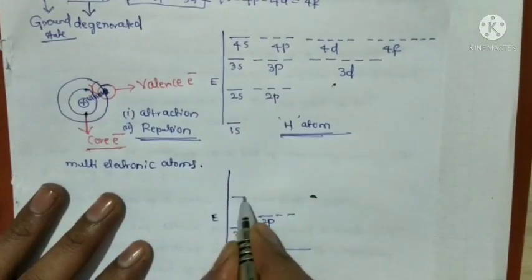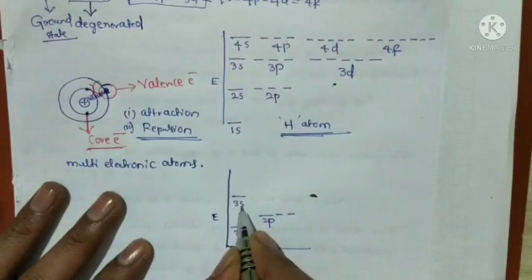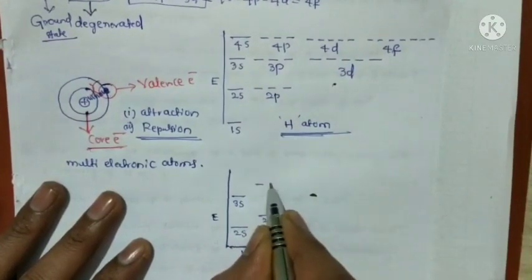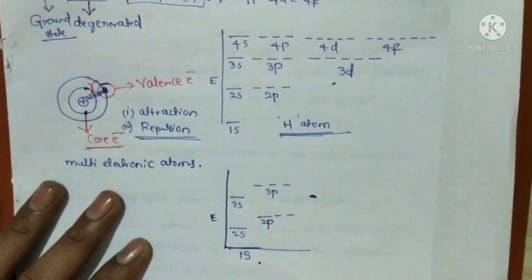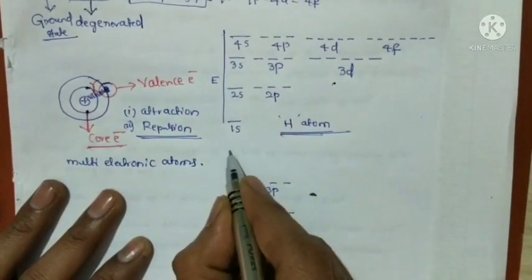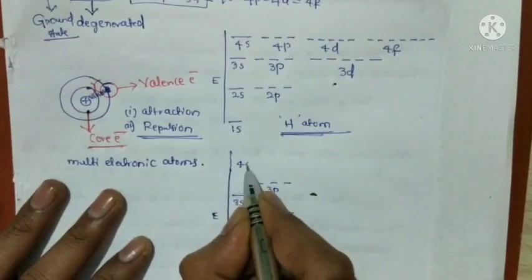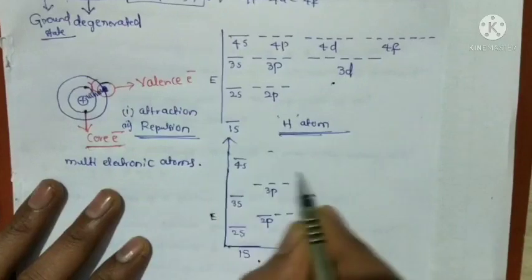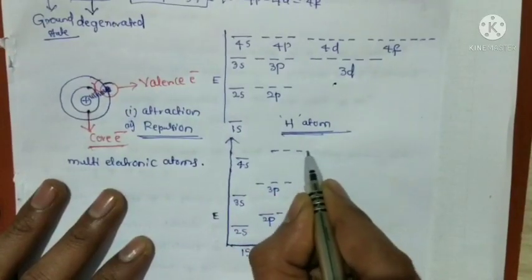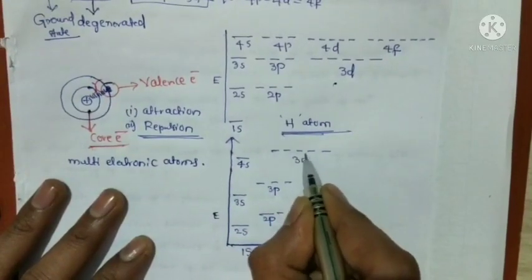Next we take the 3s orbital and the 3p orbitals, 1, 2, 3. Next is the 4s orbital. Next is 3d, which has 5 orbitals.